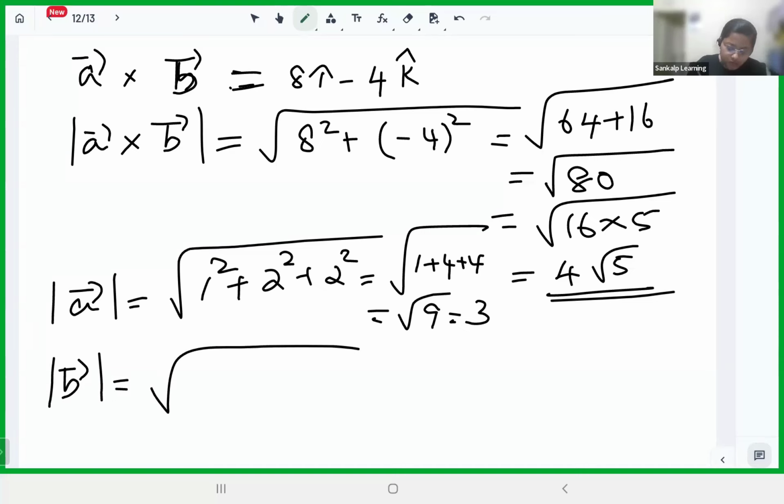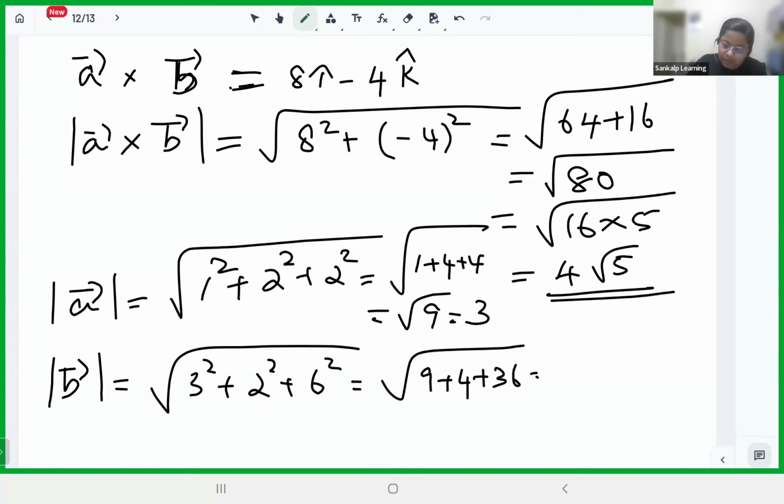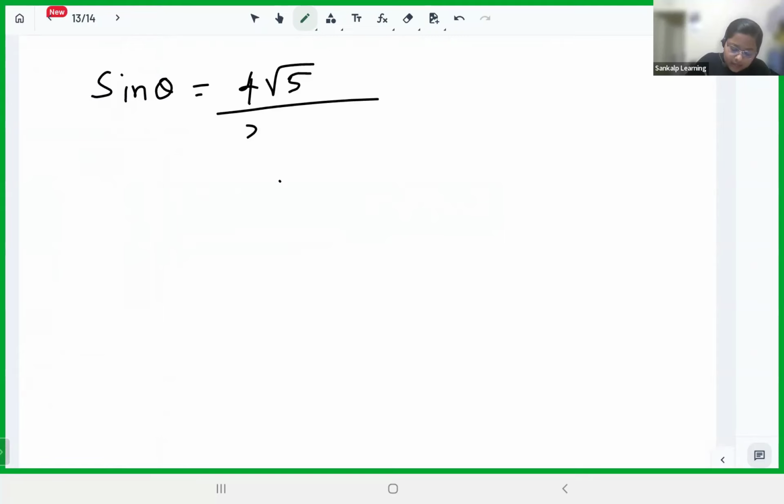That is root of 3 square plus 2 square plus 6 square, which is root of 9 plus 4 plus 36. Root 49 is equal to 7. Okay, so sine theta is equal to 4 root 5 divided by 3 into 7, that is 4 root 5 divided by 21.